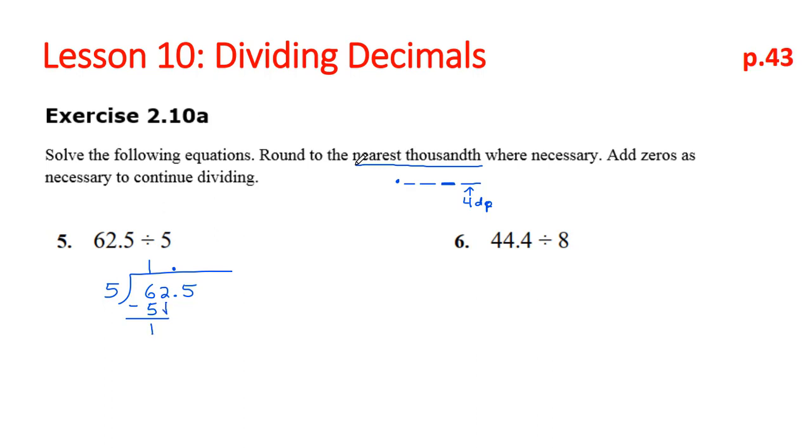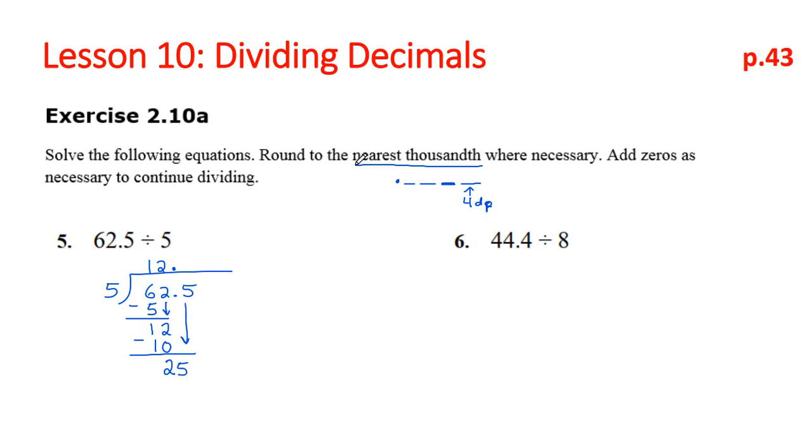After subtraction, we bring down the 2 here, and we repeat the process. 5 goes into 12 2 times. 2 times 5 is 10, and we subtract. 12 minus 10 is 2, and now we bring down the 5.